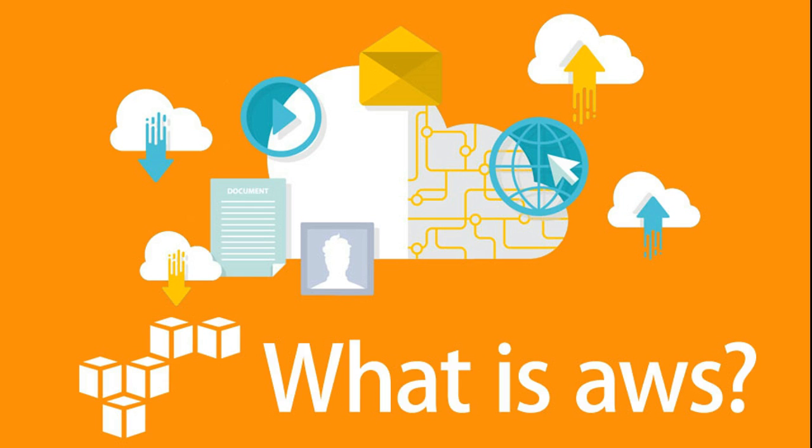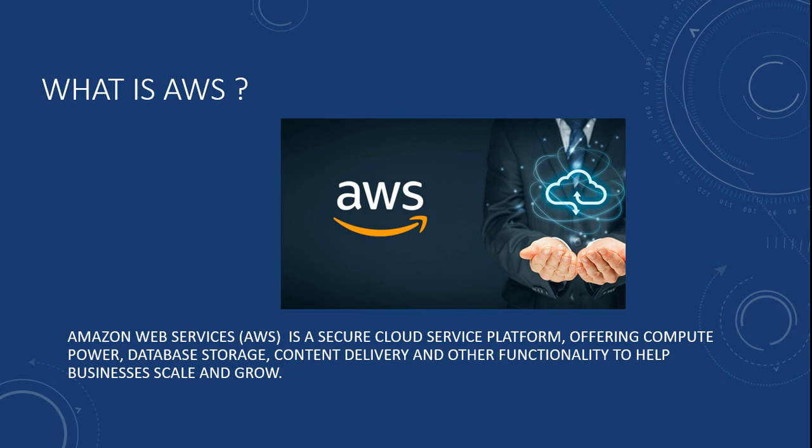Let's move ahead. So guys, let's have a look at what AWS is. Amazon Web Services is a secure cloud service platform offering compute power, database storage, content delivery and other functionality to help businesses scale and grow.